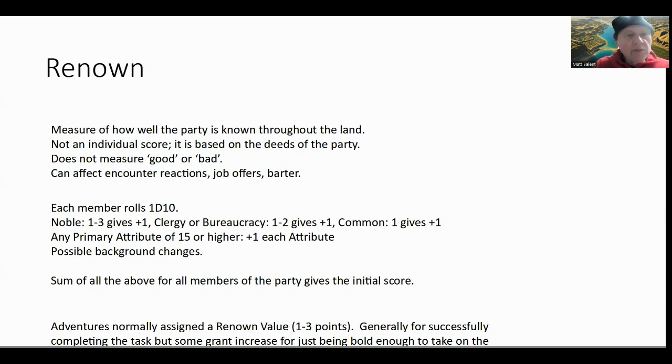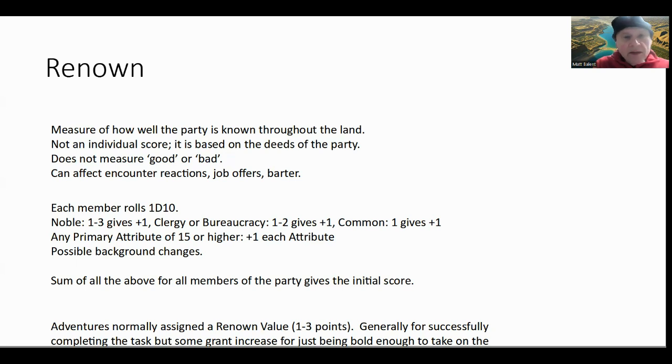It can be used by the game master to affect encounters, job offers, bartering to a certain extent. If you get a really high renown, you might even be known by the Pharaoh himself, in which case you might be called upon to do or perform a particular heroic deed. It's all up to the game master.